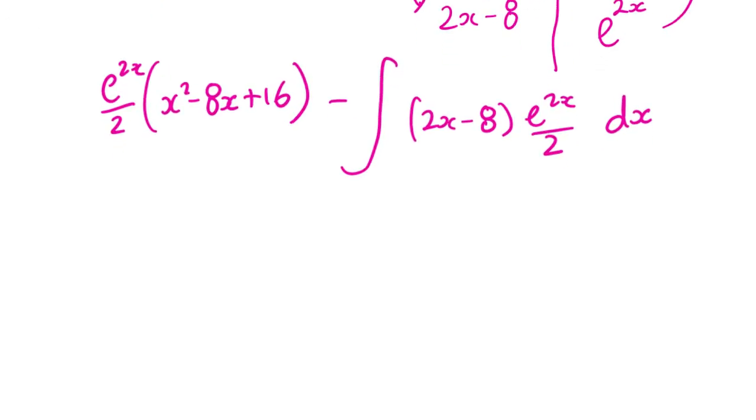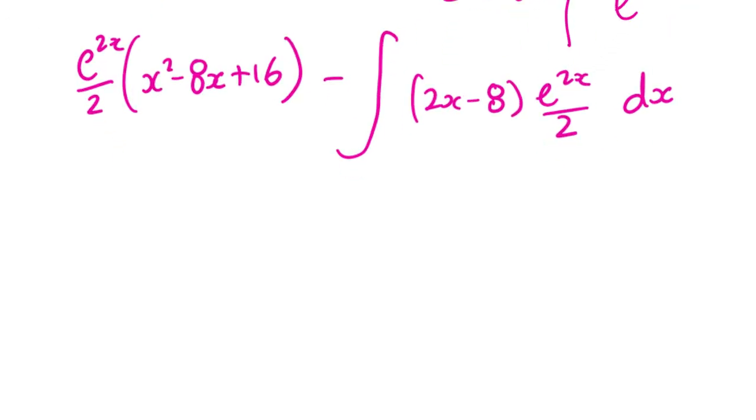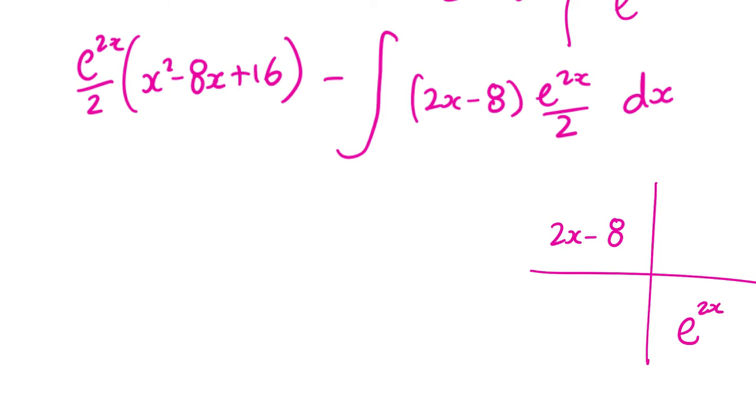Okay, what do we notice again? Do we have another product? Double integration by parts. We're going to have 2x minus 8 and e to the 2x over 2.